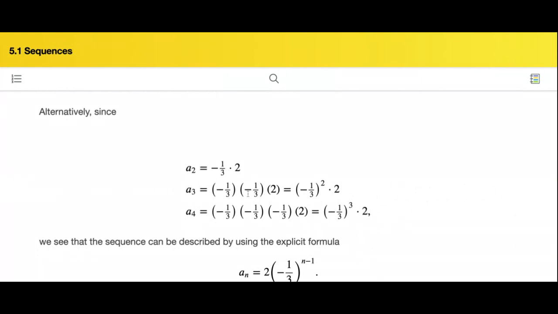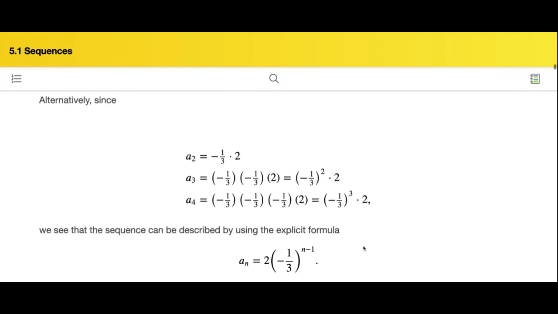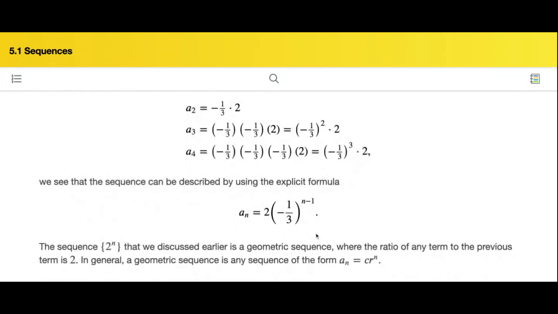because from each current term to the next one, we just multiply by the same ratio, negative 1/3. So A3 is negative 1/3 squared multiplied by 2. And then A4 is negative 1/3 cubed multiplied by 2. Right? So on and so forth. So we can write in a general form: the nth term equals 2 times negative 1/3 raised to n minus 1.